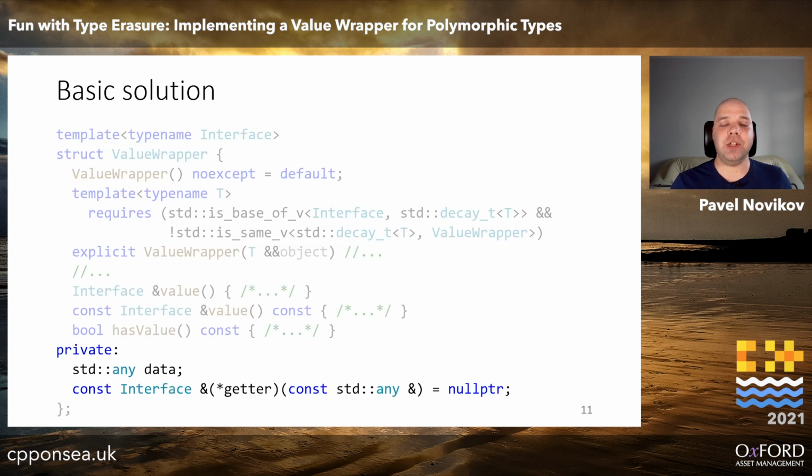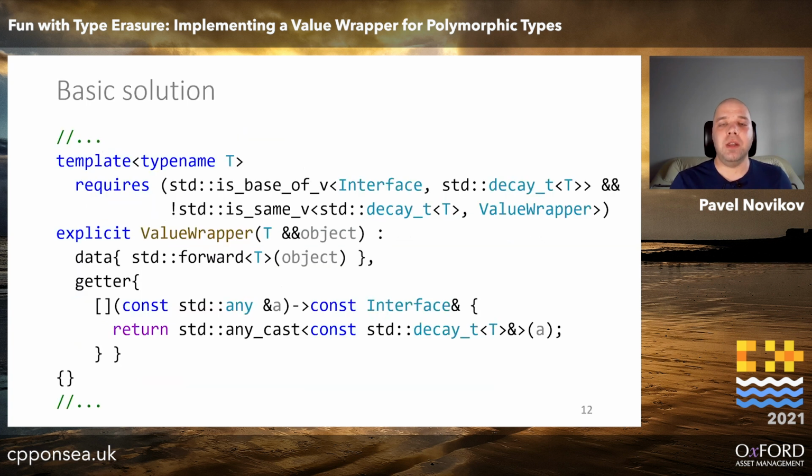In the implementation section, we have std::any for data storage, and we have a pointer to a function that receives a reference to std::any and gives us back a reference to the interface. With this function, we will retrieve a reference to the underlying object. So here's the constructor.